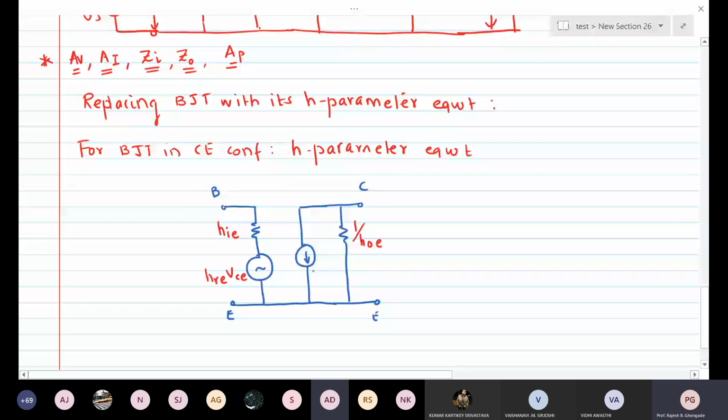HFE IB, where this is your IB, this is your IC. So this is the H parameter equivalent of a transistor in common emitter configuration.